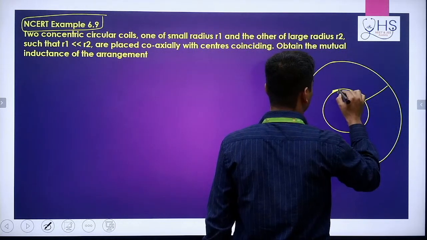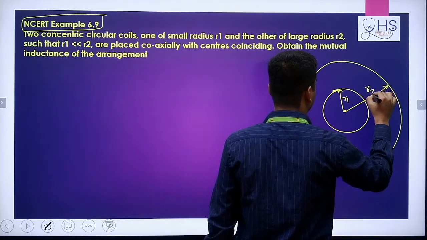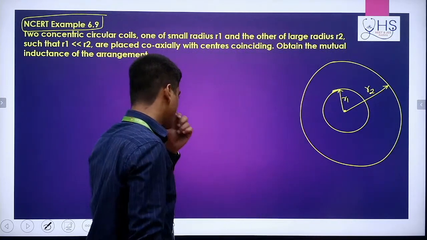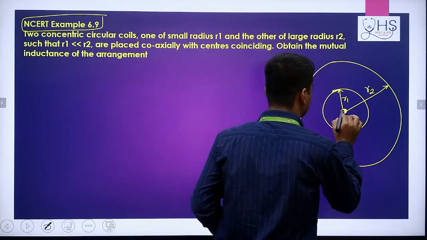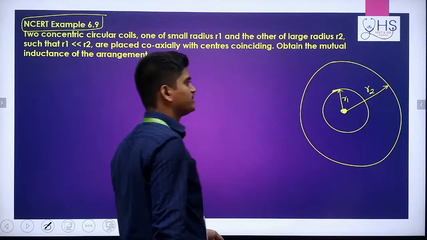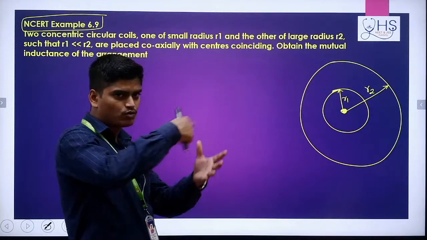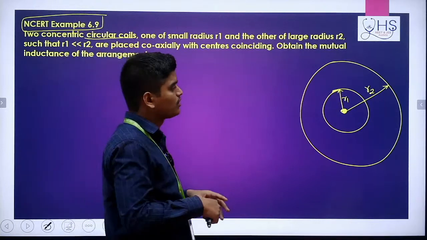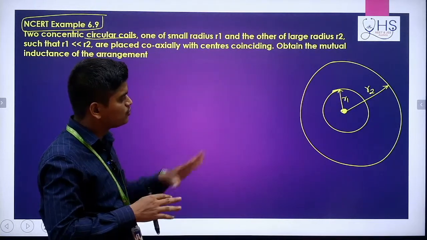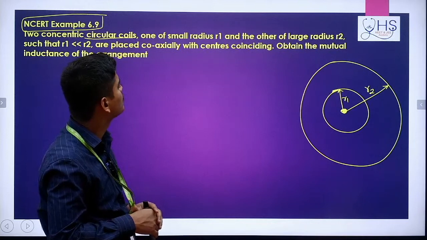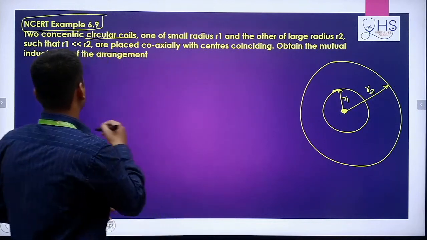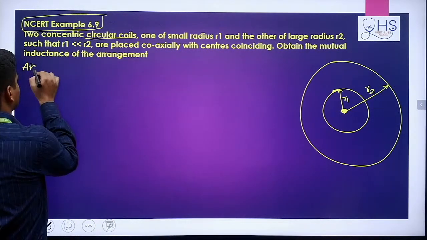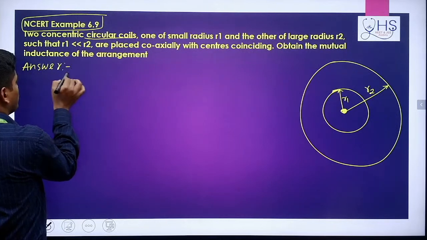Another is coil 2, its radius is R2. Okay, so these are circular coils. They are not solenoids and all, not that type of picture, it is simple. Two coils, whatever you are watching like this. And R2 is large actually. R2 is large. Okay.